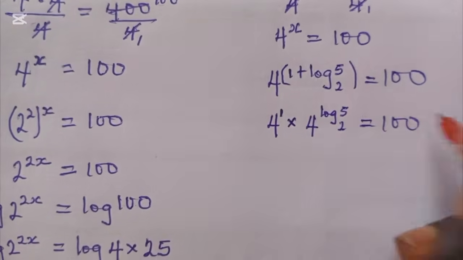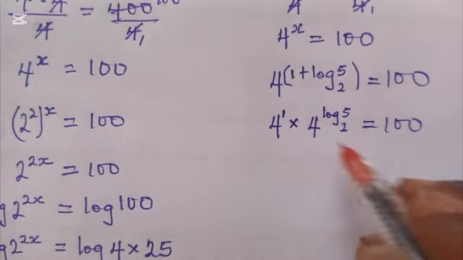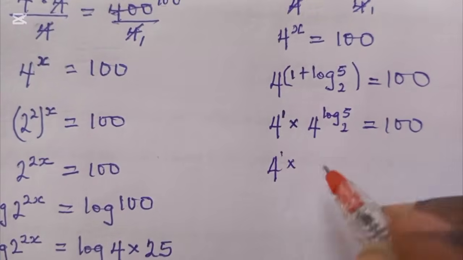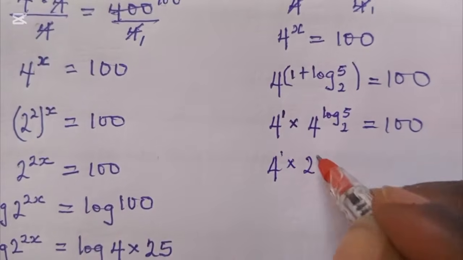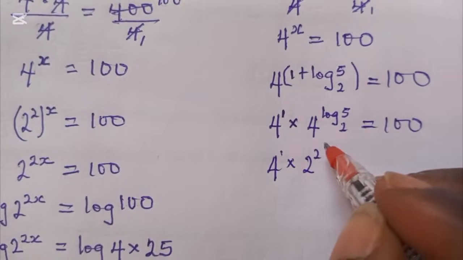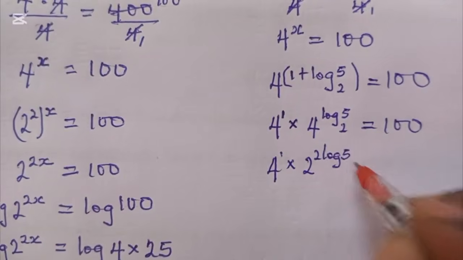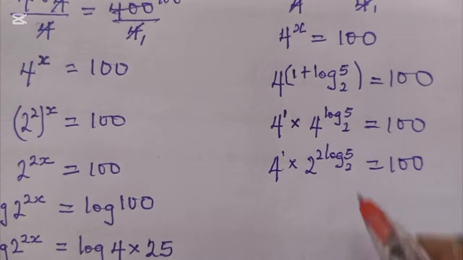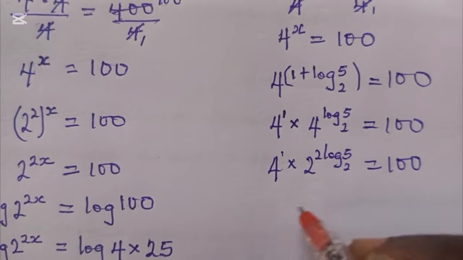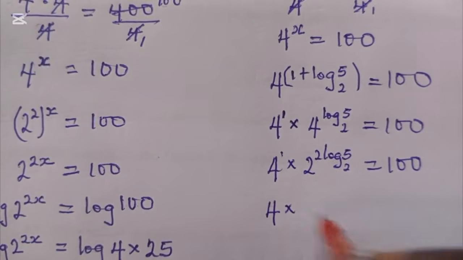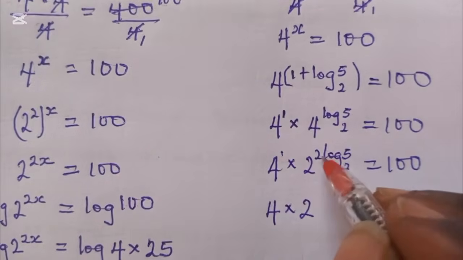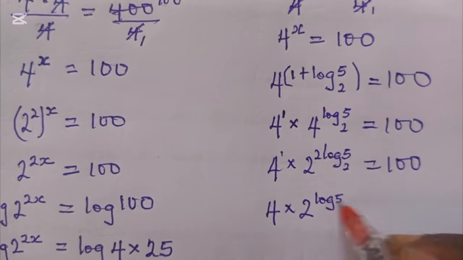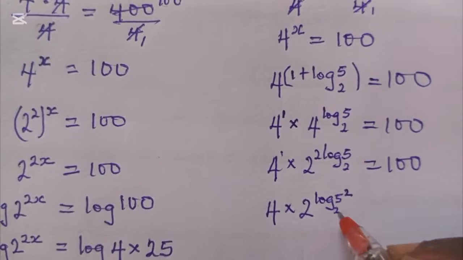Okay, so why do we do this now? We have 4 raised to the power of 1 times, you can write this as 2 raised to the power of 2 log 5 base 2 equals 100. So from here, recall that we can also write it as 4 times 2 raised to the power of 2 log 5 base 2, which can also be written as log 5 raised to the power of 2 base 2.